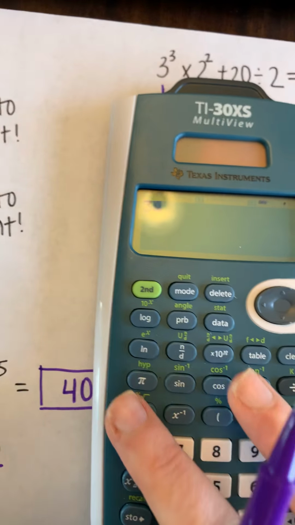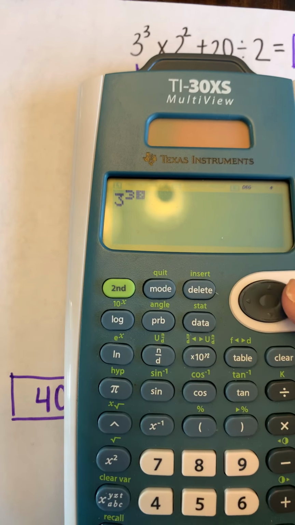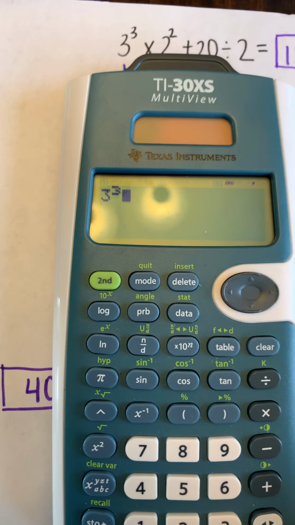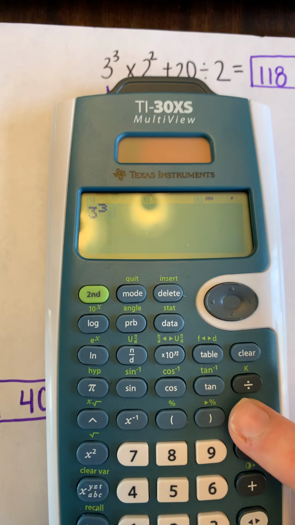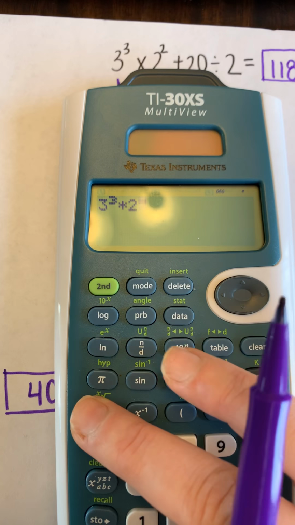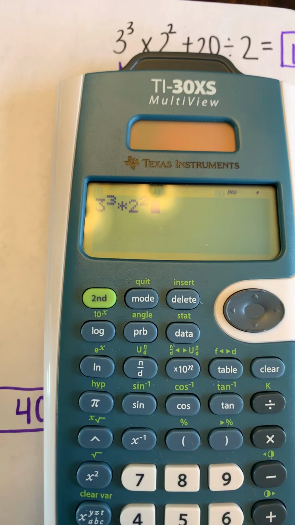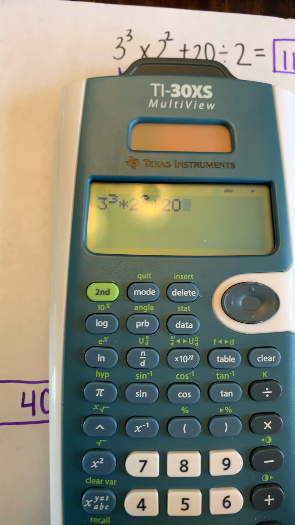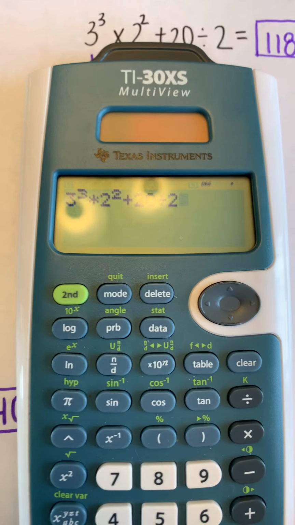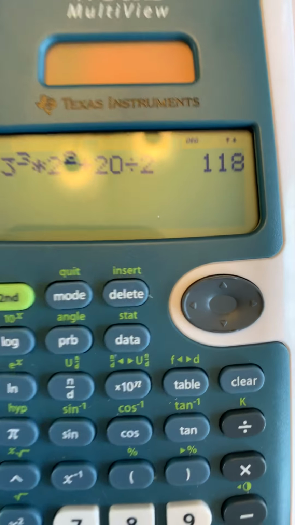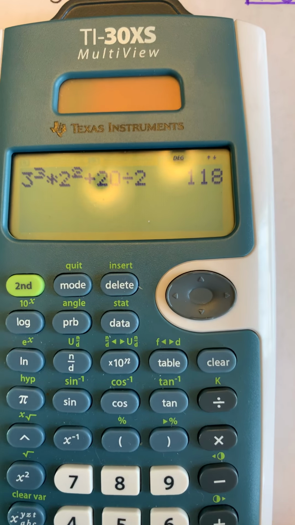So I have 3 to the 3rd power. I need to hit that arrow so I get out of my exponent, times 2 to the 2nd power. Hit that arrow, get out of your exponent, plus 20 divided by 2. And I got 118, so I'm good to go.